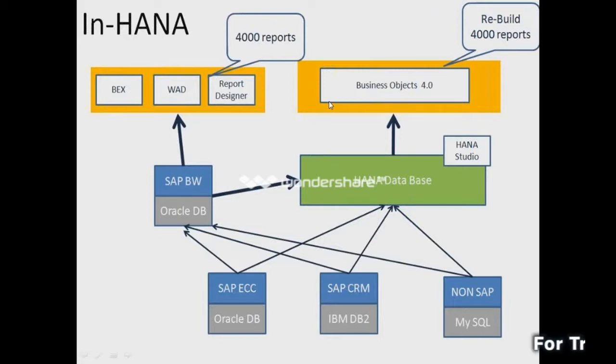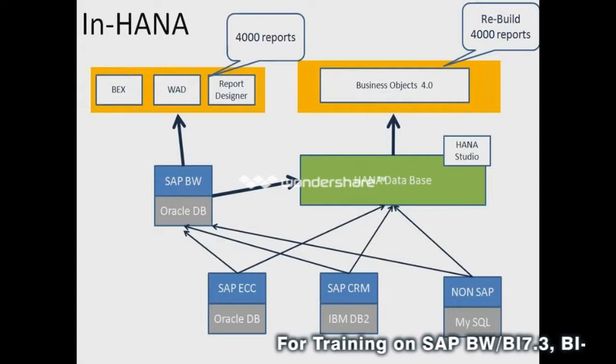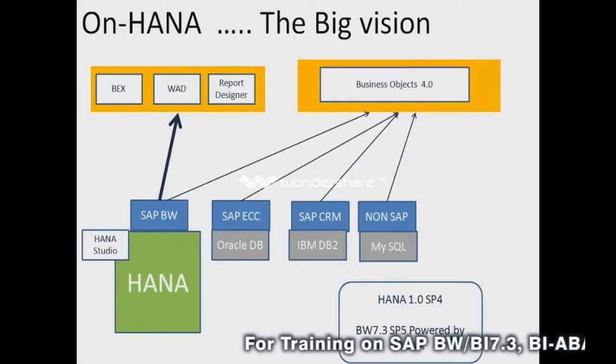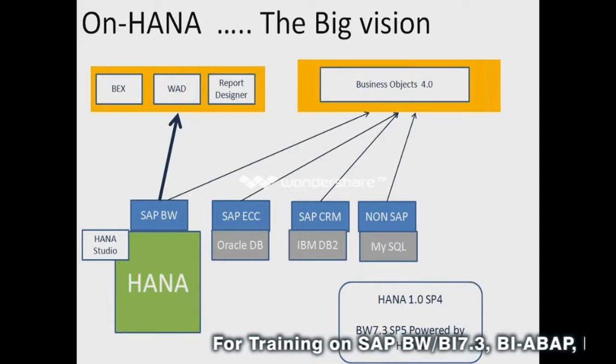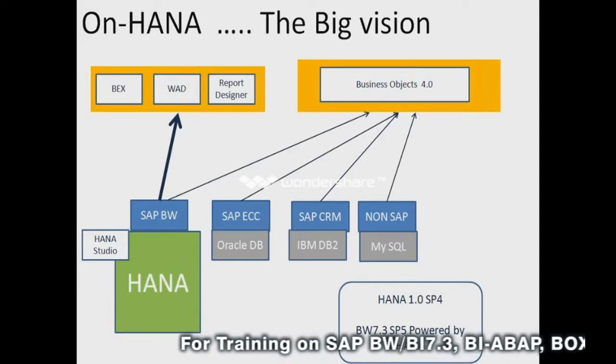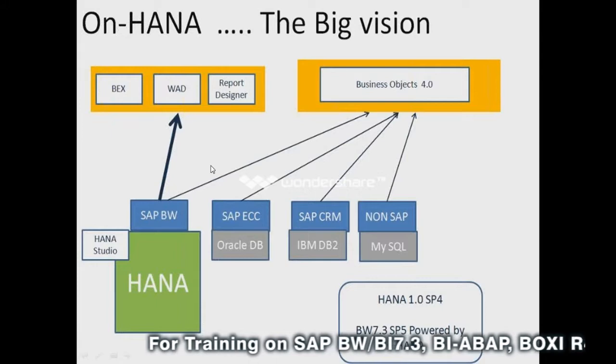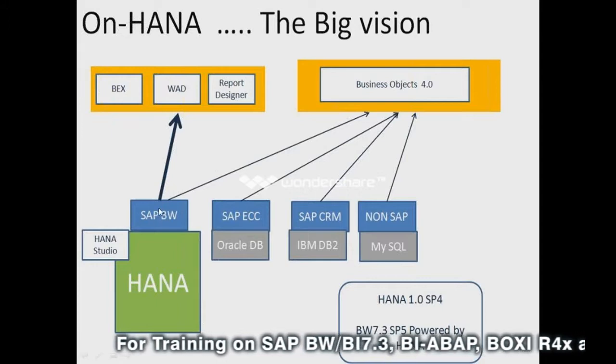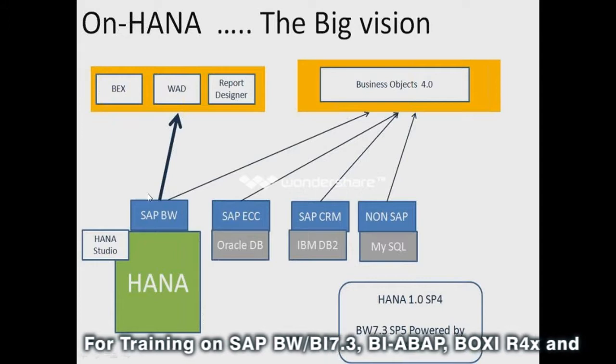When I said except BEx, the BEx queries which are developed in the existing OLAP tools, again we can create the new reports using the Business Objects tools. That means we don't need to implement any new logic. With the existing logic, we can create the new reports, which is very simple. So here it is, the HANA database. It can go and fit anywhere.